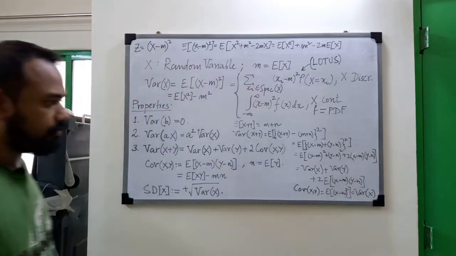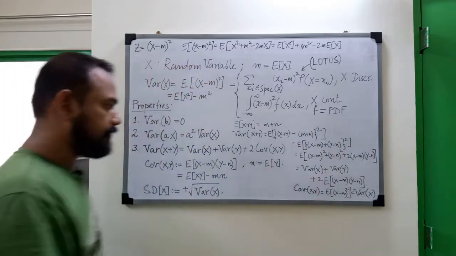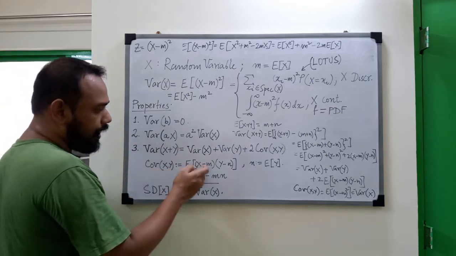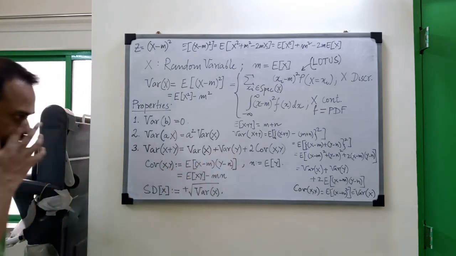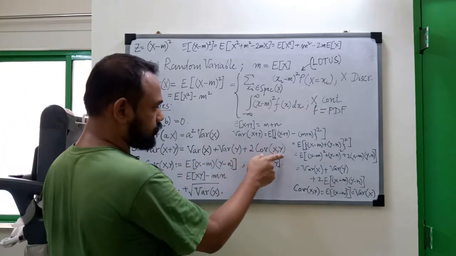Okay, so variance is actually the covariance of x with itself, but covariance of x with y is expectation of this quantity. Okay, all right. So it's not linear except for this quantity.